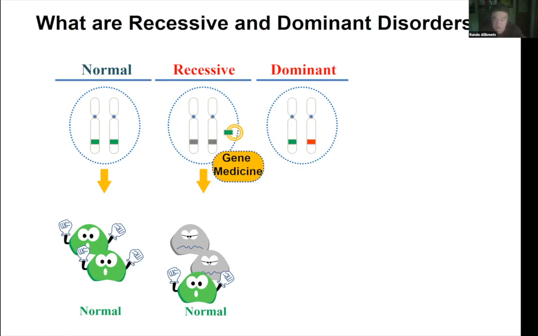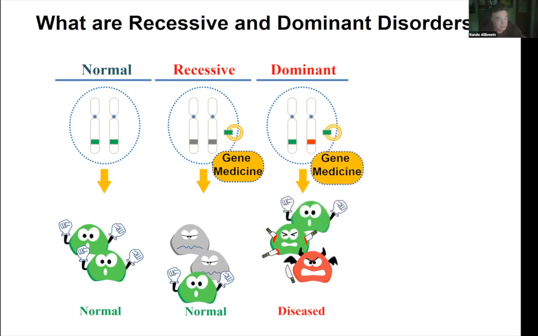Now, dominant diseases, I will not go there today. You have this issue where one copy is bad, and that bad copy does everything bad, even to the good copy. So gene adding doesn't work in that case, because the bad copy is still there.